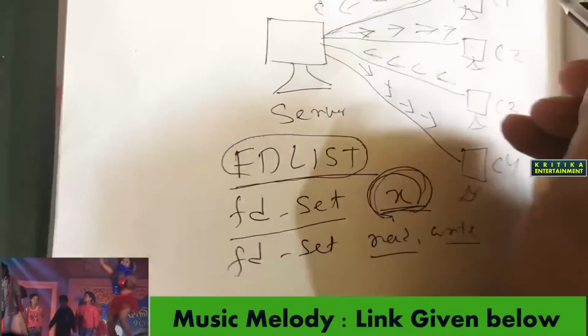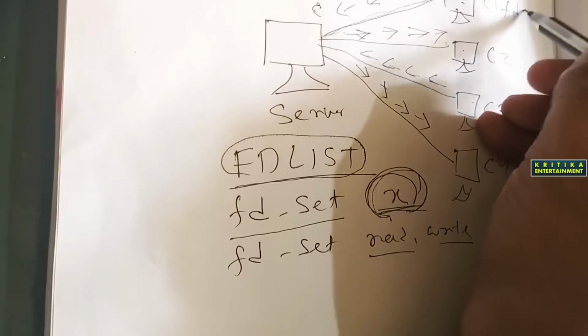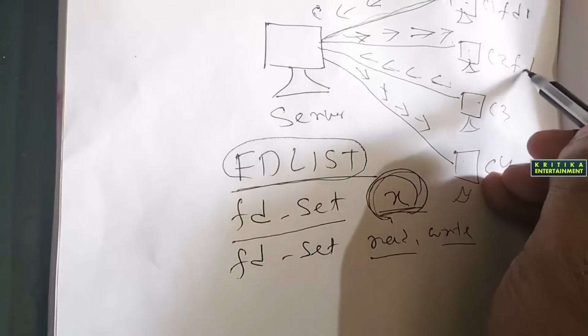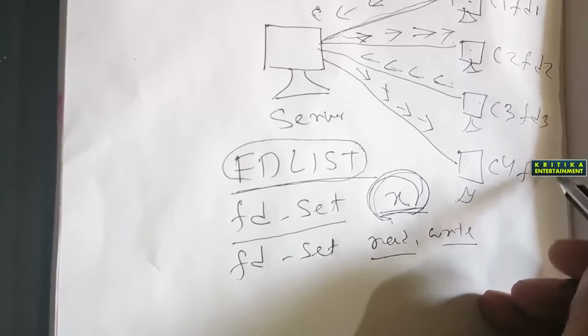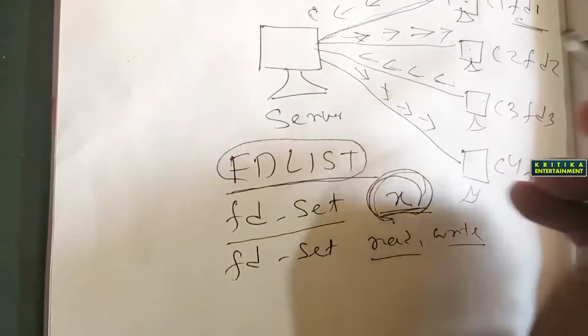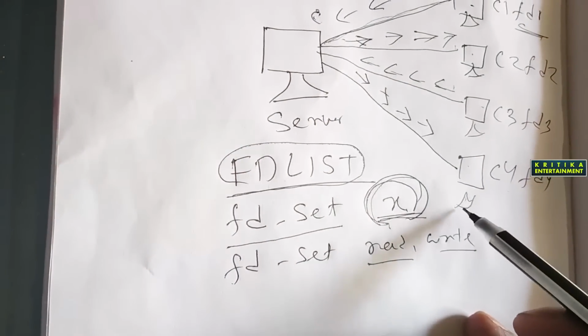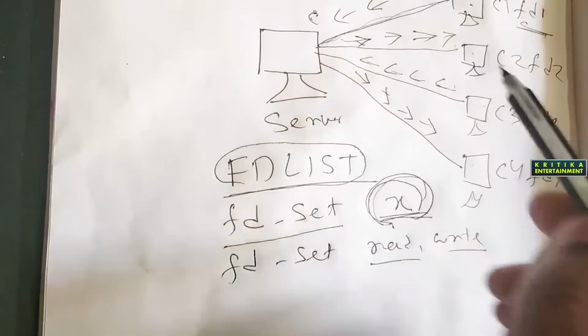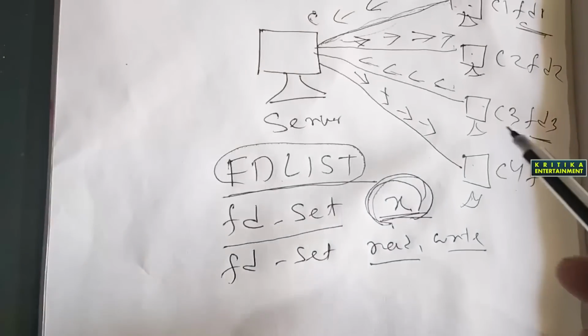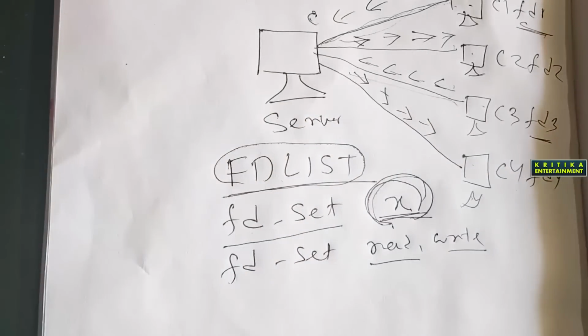Suppose this is FD1, this is FD2, this is FD3, and this is FD4. Then FD1 and FD3 are both used to read the data from client 1 and client 3.